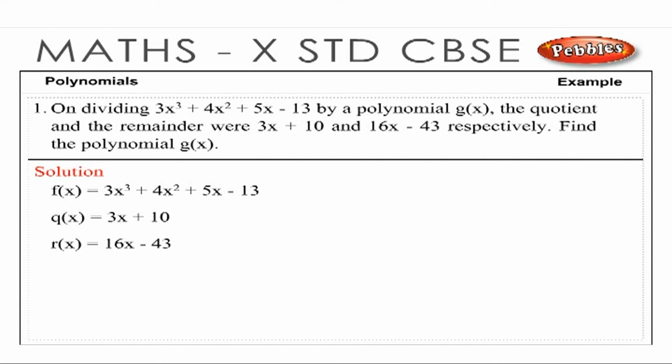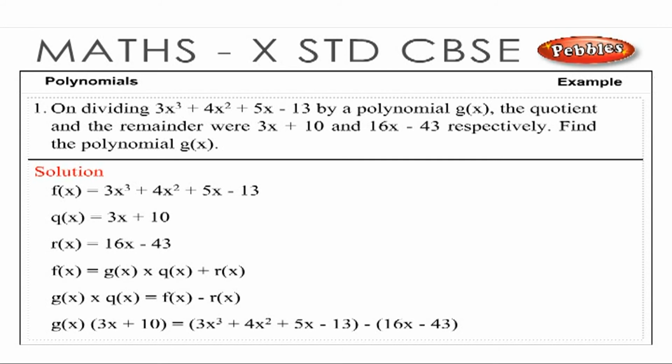Q of x is equal to 3x plus 10. R of x is equal to 16x minus 43. F of x is equal to g of x into q of x plus r of x. G of x into q of x is equal to f of x minus r of x.